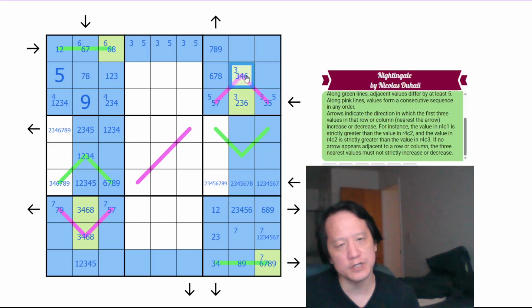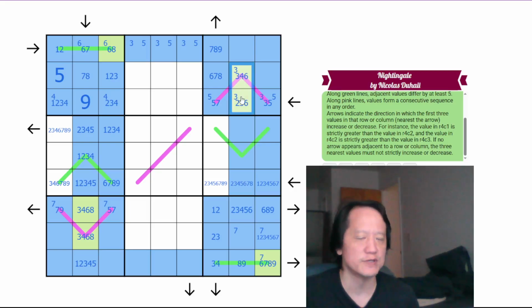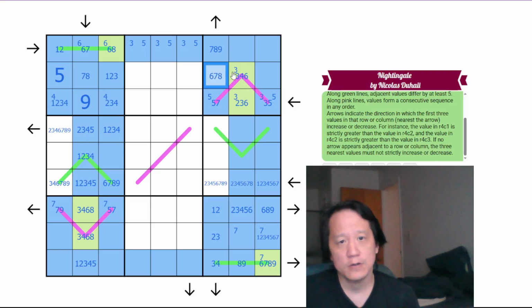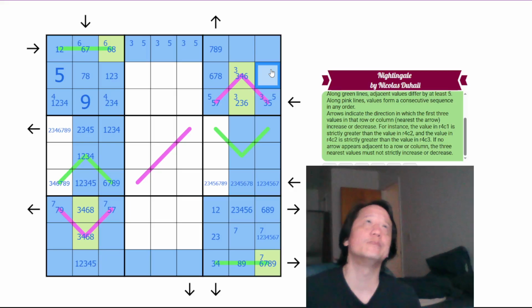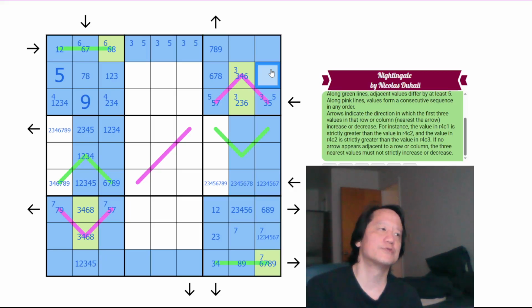Because we're guaranteed either this is 6 in value with another 6 in value here, which means this can't be 6 in value, or these are 4 in values, which are going to definitely be smaller than 6, 7, or 8. So this can never be 1, 2, or 3.